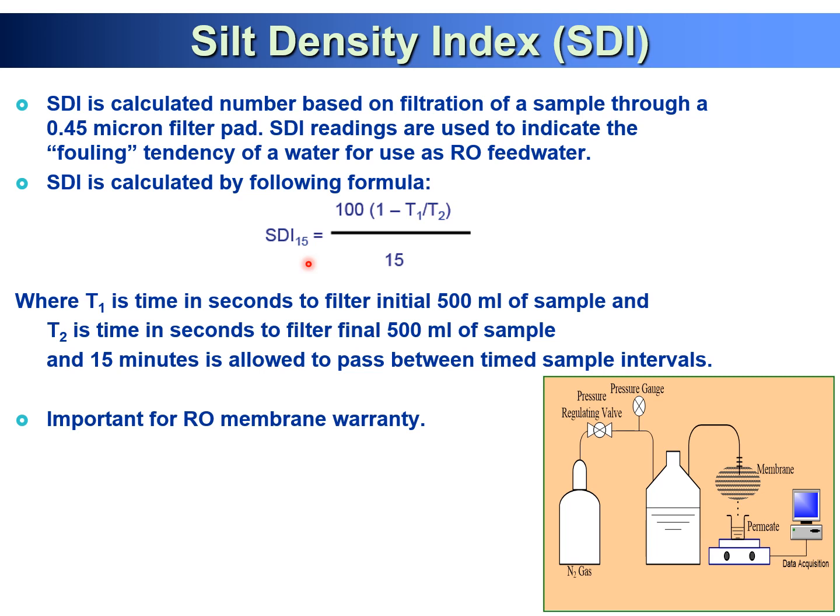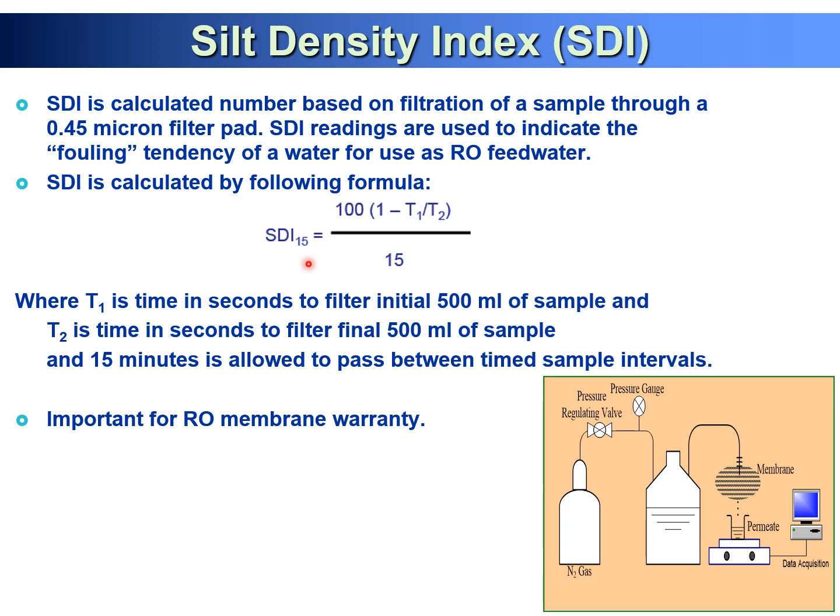So when you have an SDI of more than 4, you have very bad water quality. So you need a pretreatment to reduce the SDI and protect the reverse osmosis.